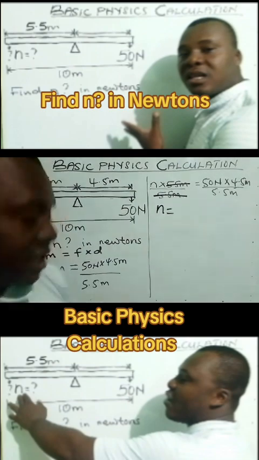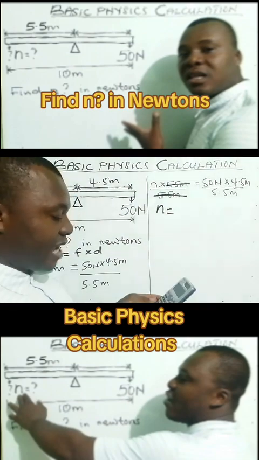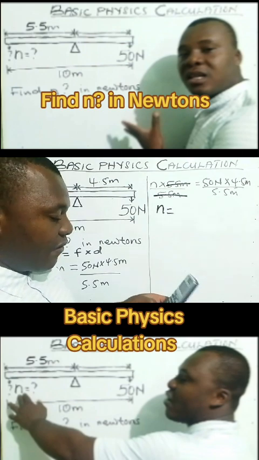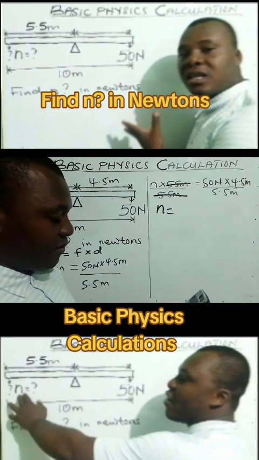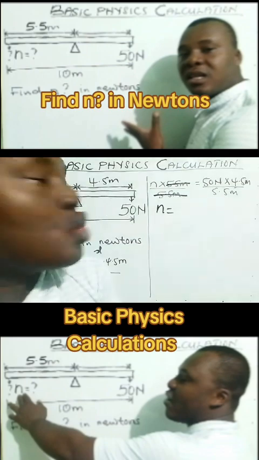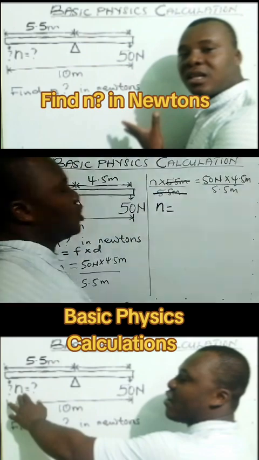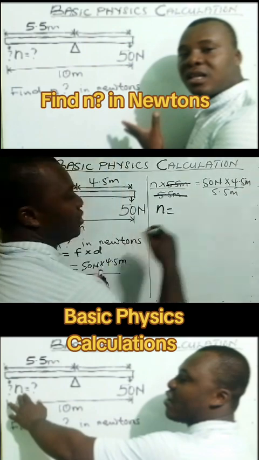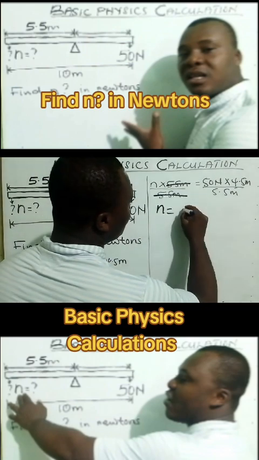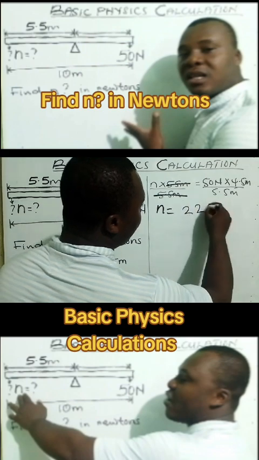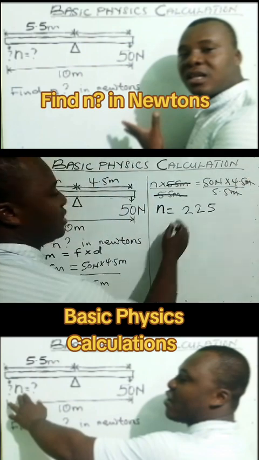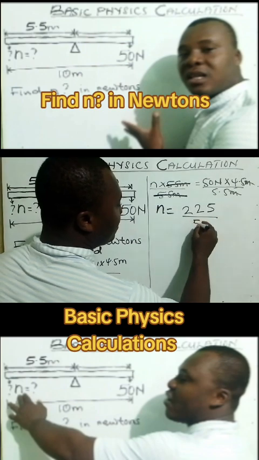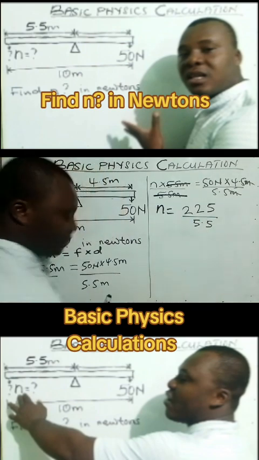Let's use the calculator. 50 times 4.5, and the answer is 225. So these meters cancel these meters, divided by 5.5.